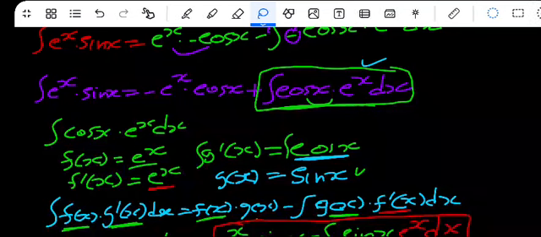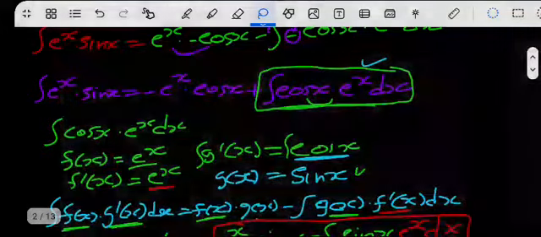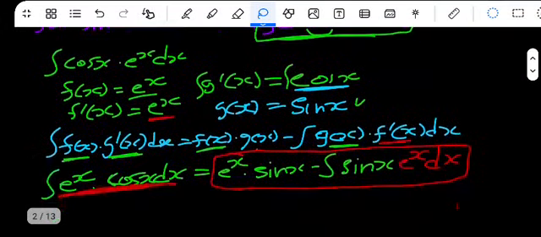So okay, let me move this to the bottom.